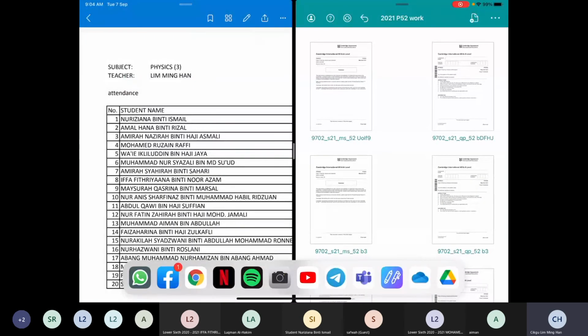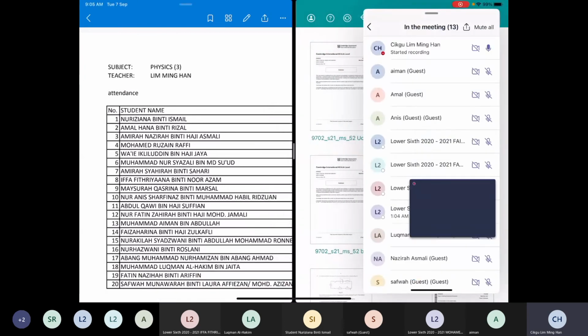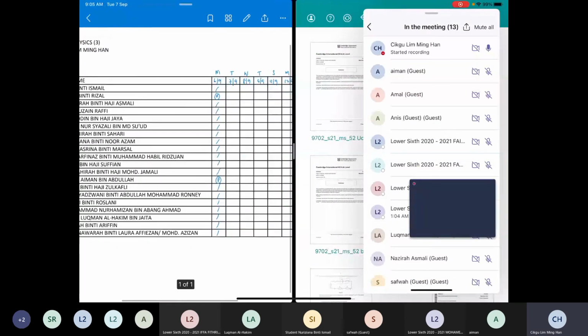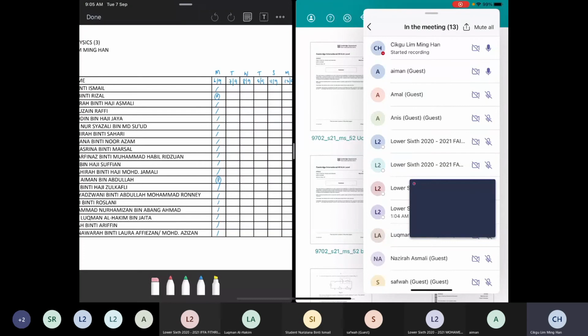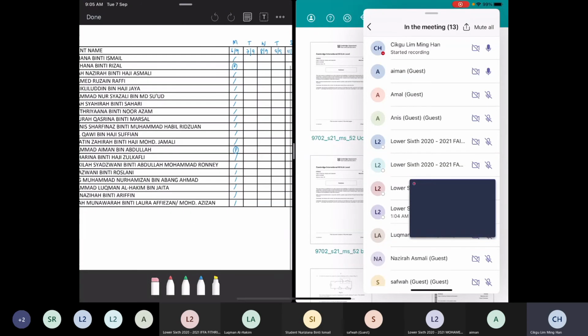Okay, I'm gonna have the center here. All right, so this is today's attendance. I know some of you are having maths, so I'll just do it quickly today. So we have Aiman, is present. Where is Aiman again? Aiman is here. Okay. We have Amal. We have Anis.